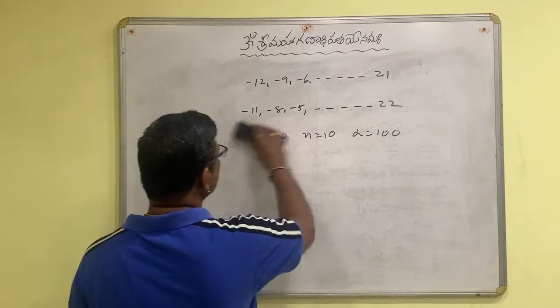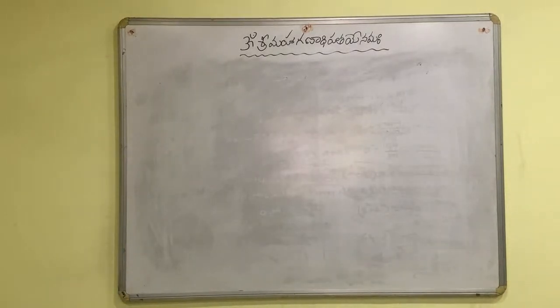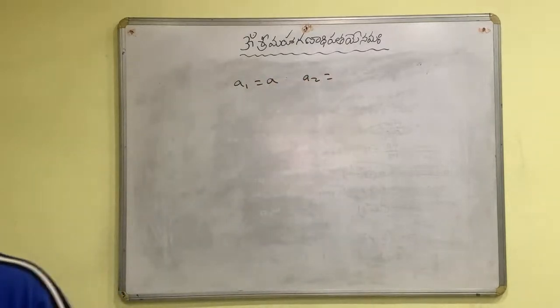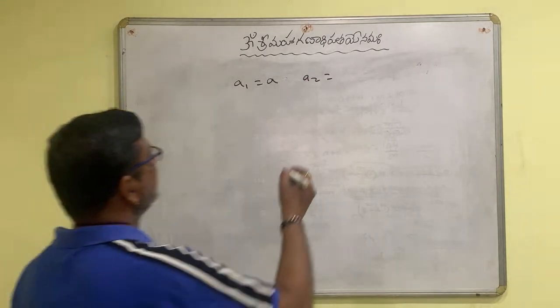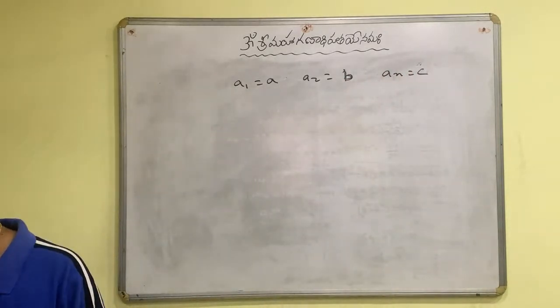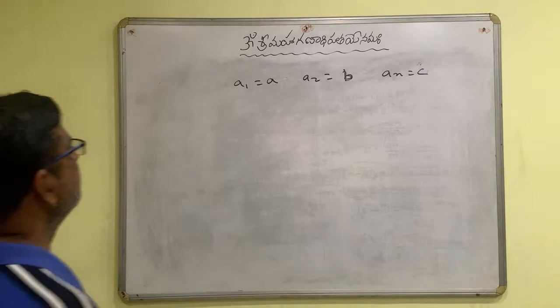Next question. Show that the sum of all terms of an AP whose first term is A, second term is B, and last term is C. First term A, second term B, and the last term is C, and we need to find out Sn.